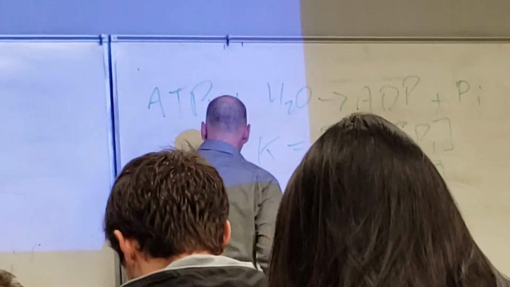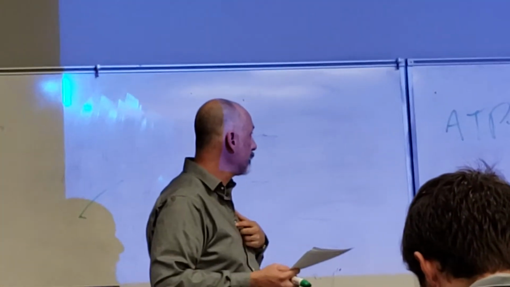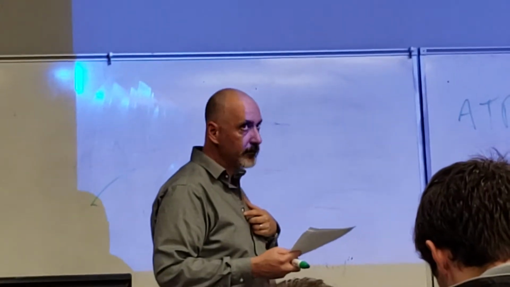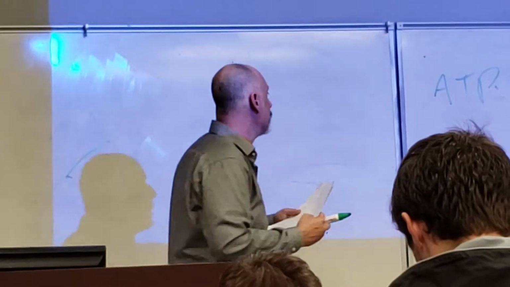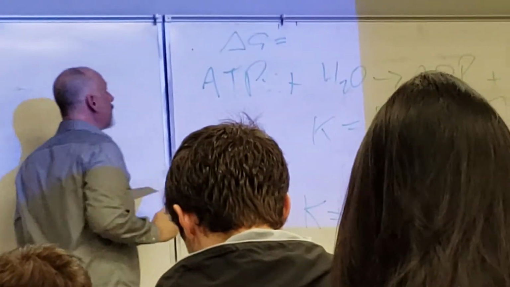All right, so if I want to set up a K out of this mathematically, what's my K equal to? Generic equation: what's delta G equal to?